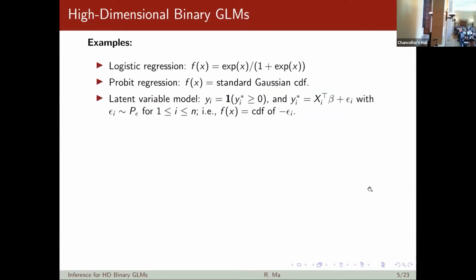And for different examples of f, we recover different special GLM models that have been considered in other applications. For example, when f is the expit function, we recover logistic regression. When f is the CDF of the standard Gaussian, we have probit regression, which also has many applications. We will also have a somewhat more complicated latent variable model as a special case.